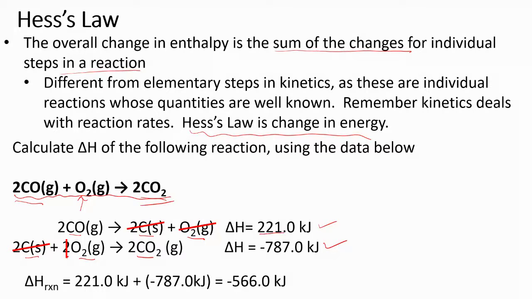So the delta H for the first reaction, or first elementary step, is 221 kilojoules, and the second elementary step is negative 787 kilojoules. So when we add those together, we get negative 566 kilojoules.